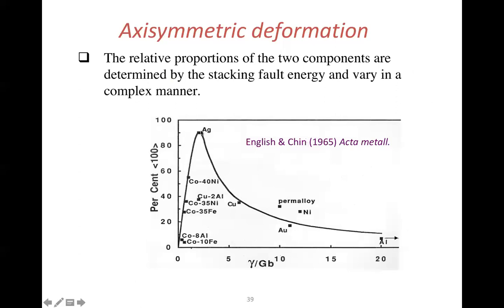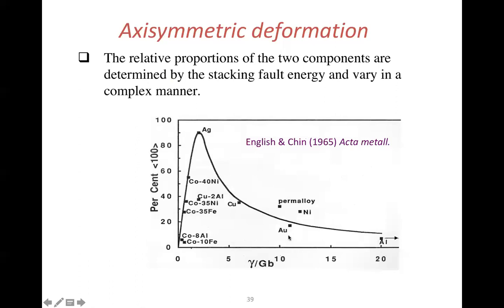And what we see is if we look at how strong the cube component, the 100 component is, as a function of the stacking fault energy of our metal, we see that it starts out very low, goes through a maximum with silver developing an almost perfect cube texture, and then high stacking fault metals like aluminum developing a low percentage of this. And this all depends on the deformation behavior and whether you're having planar slip or easy cross slip.